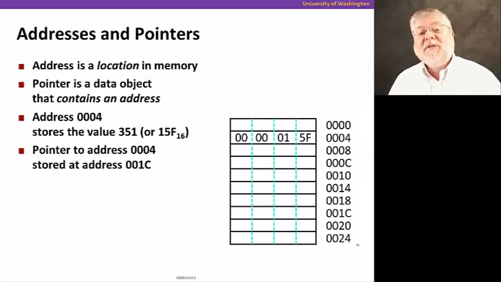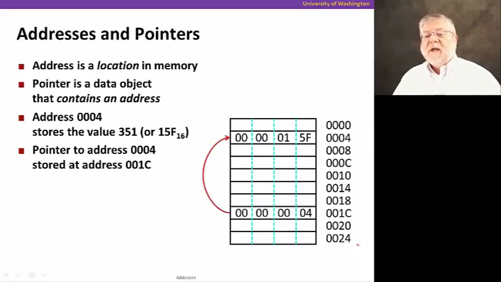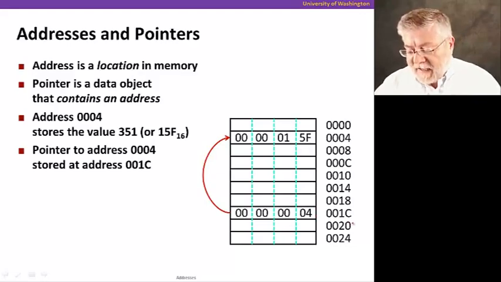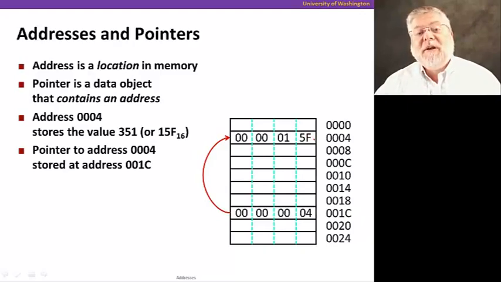I can put a pointer to that address of 0004 at a different memory location, let's say at the address 001C. So now you'll see that what I've shown in the memory is that at that location, 001C, I have a value that happens to be the address of another location in memory.